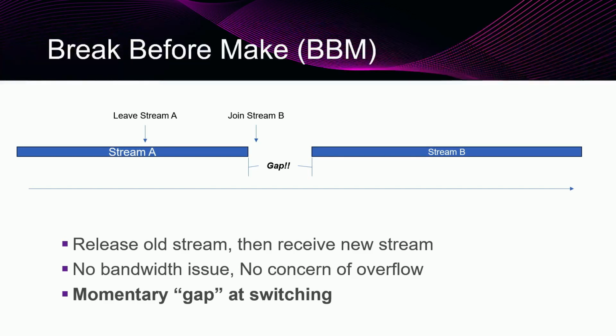After confirming that, endpoint equipment will send the join stream B message, then it will receive it. Because of this process, a momentary gap could happen in the middle.